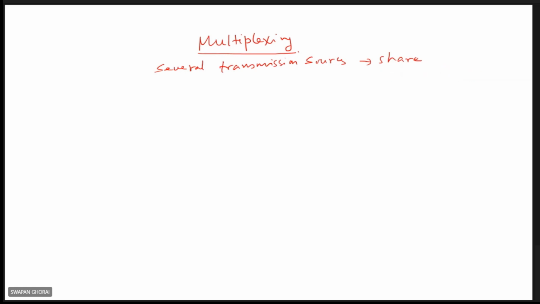Many sources are combined, and these combined data streams are sent through a high capacity data link, sharing the larger transmission capacity.